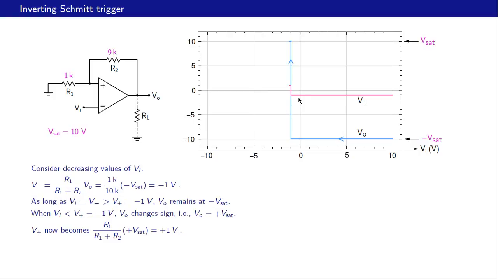So V plus has also changed from minus 1 volt to plus 1 volt here. And if we go on decreasing Vi further, what happens? This V plus is equal to 1 volt and we are decreasing this Vi further. So nothing is going to really change because V plus will remain larger than Vi, and that is what we get if we go on decreasing Vi.